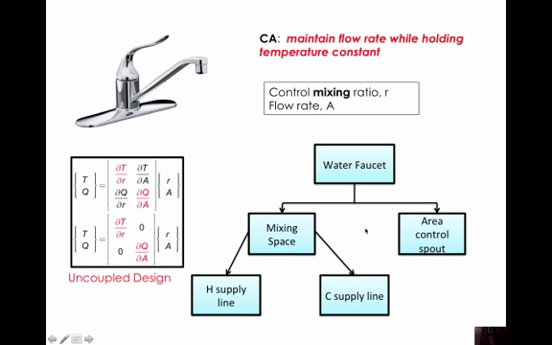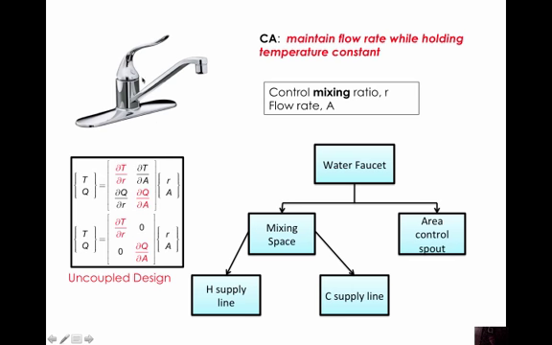So here we have the same design parameter structure, but now we're looking at a mixing space and controlling the area of the spout as our design components or specifications that will give us this uncoupled design. And I still have a hot water supply line and a cold water supply line, but I'm using those in a mixing space.